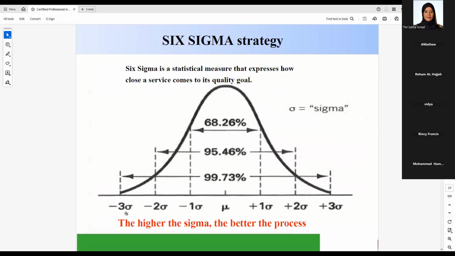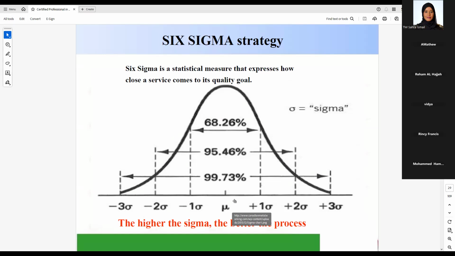These are the sigmas. This is how the sigma symbol is. And you can say this is 3 sigma, 2 sigma, 1 sigma from both places. And when you say 1 sigma, you can see 1 sigma is just the middle of the chart here. Okay.